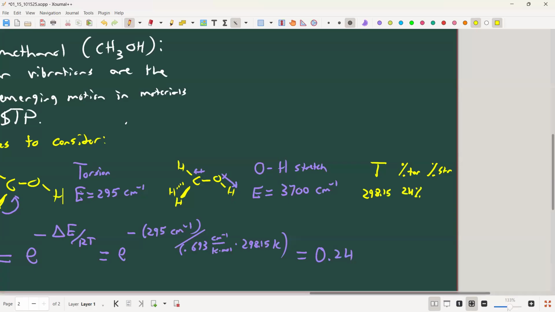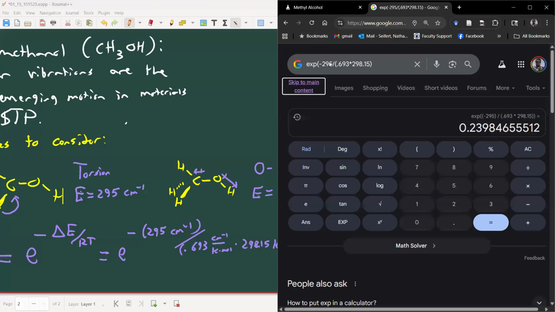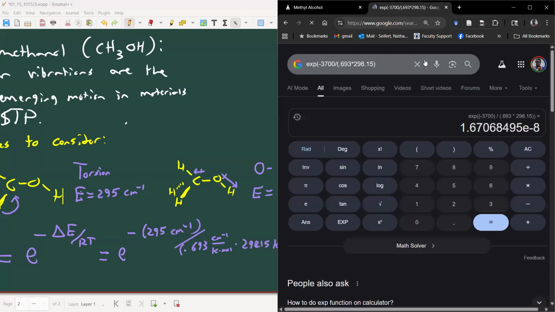Now let's do it for the OH stretch. Obviously, it's going to be a much smaller number because the energy is much larger. 1.67 times 10 to the minus 8. So the concentration of molecules roughly that are excited in the OH stretch at room temperature is 16 parts per billion.